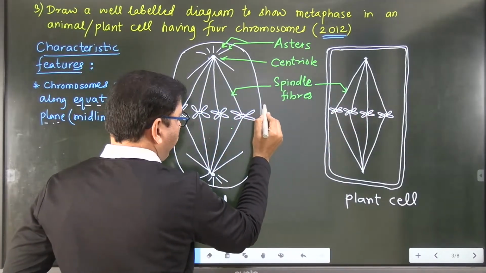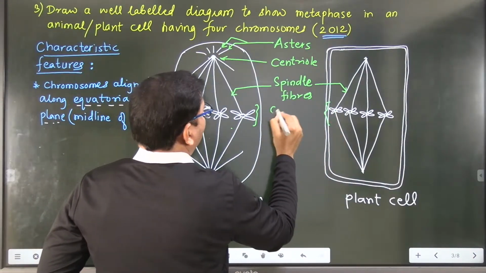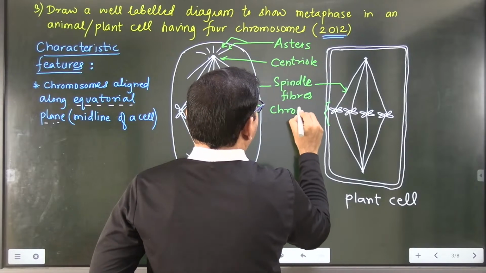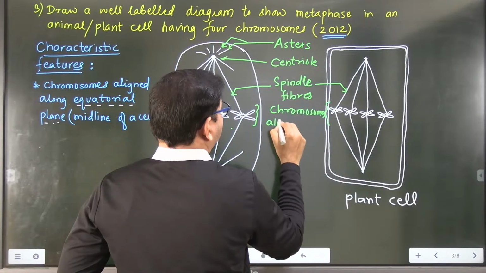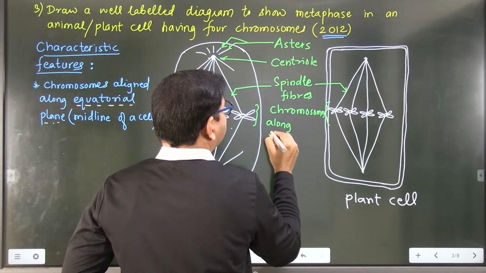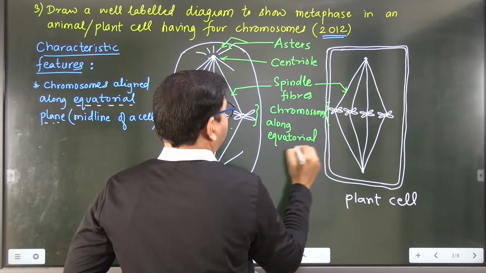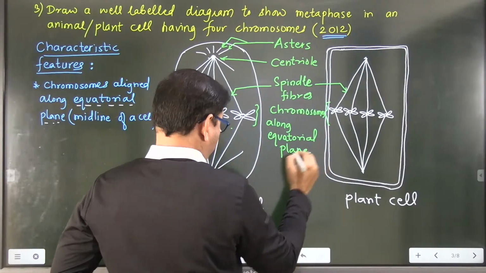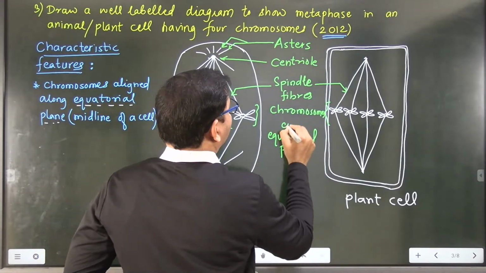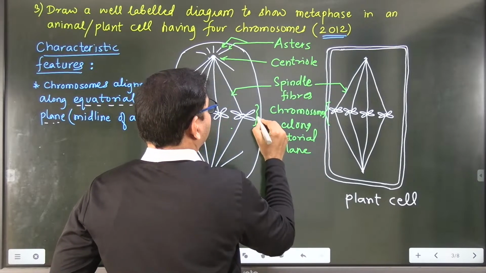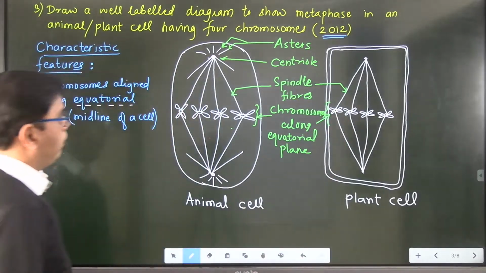Okay, now this is important. Here comes the characteristics features. Chromosomes along, write this, along equatorial. Please don't write completely. Chromosomes along, okay, equatorial plane, right?